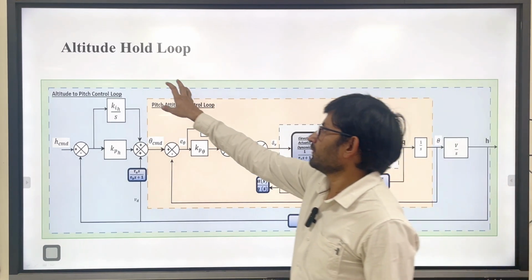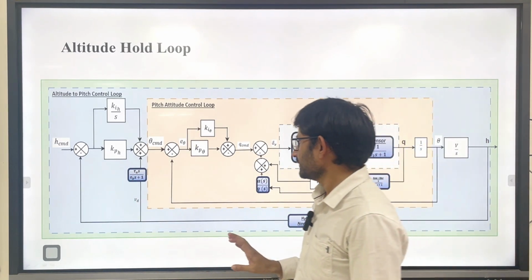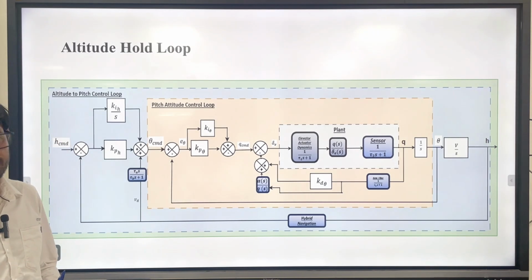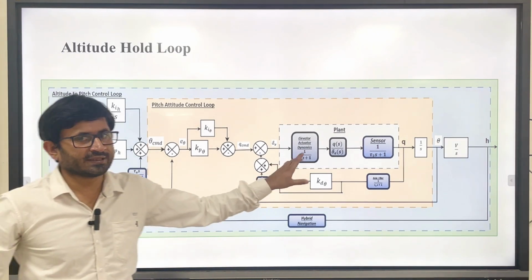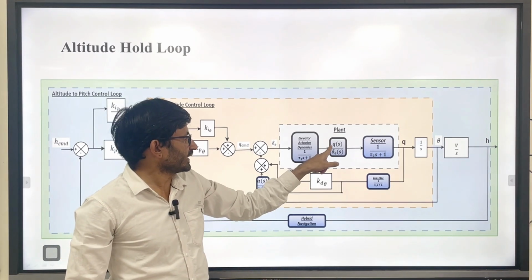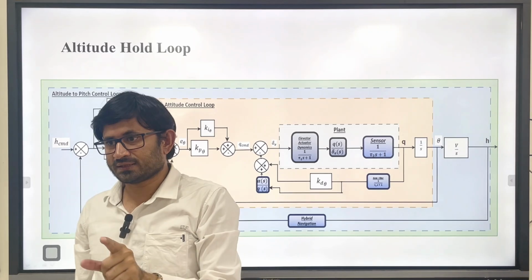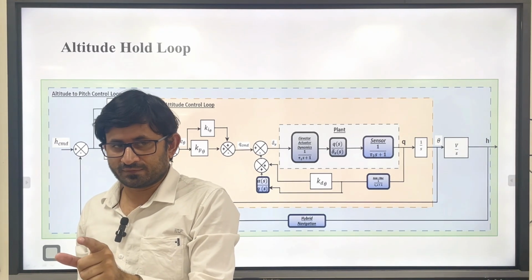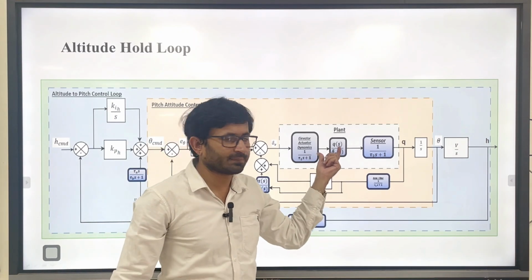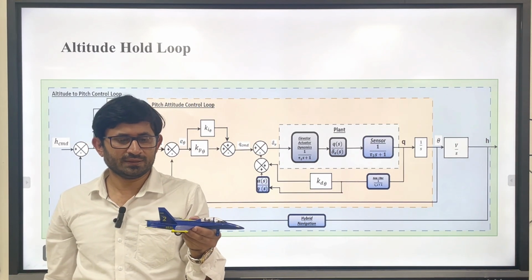So this is a typical view of an altitude hold loop. Please do not confuse each and every control loop; I will explain step by step. First thing is the plant. First you take the Q by delta transfer function. We have discussed the second order transfer function and also the fourth order transfer function. So let's say this is the plant.